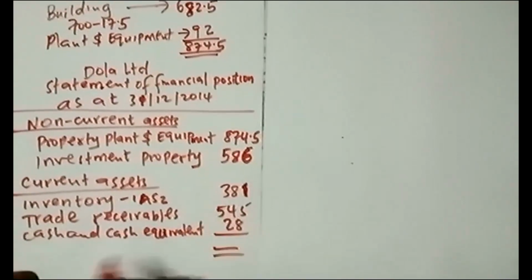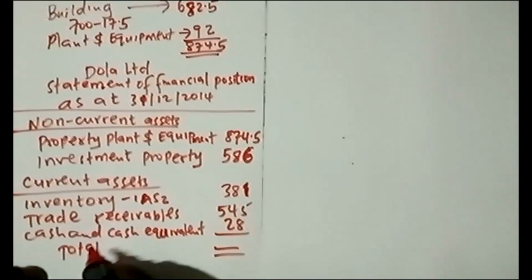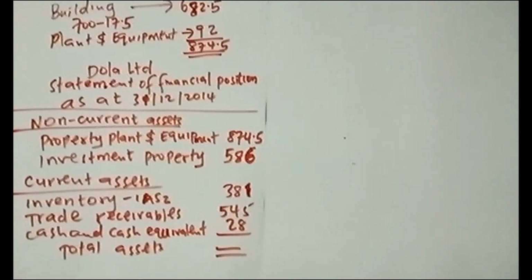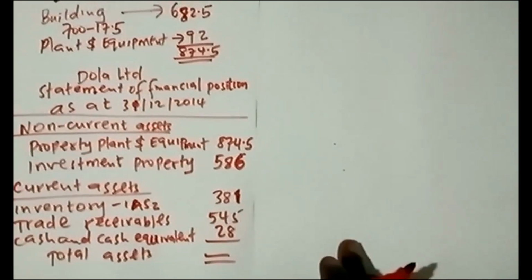So up to that point, remember we have total assets. There's nothing else concerning assets. There's no prepayment. A prepaid expense is a current asset, but it was not there. There's no bank balance. So what we have recorded is what we have.